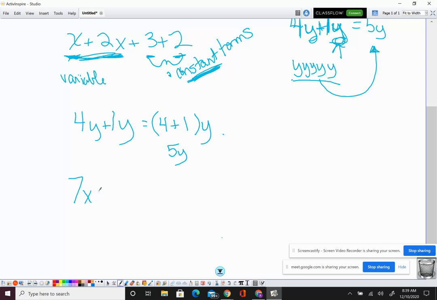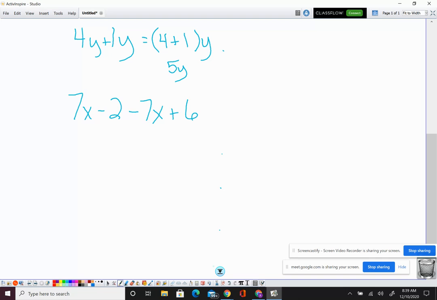To make things more complicated, because we're never satisfied by just keeping things simple, right? I'm a math teacher at least, so I gotta make things complicated. We have 7x minus 2. So we have a variable term, a constant term, we have a variable term, and a constant term.